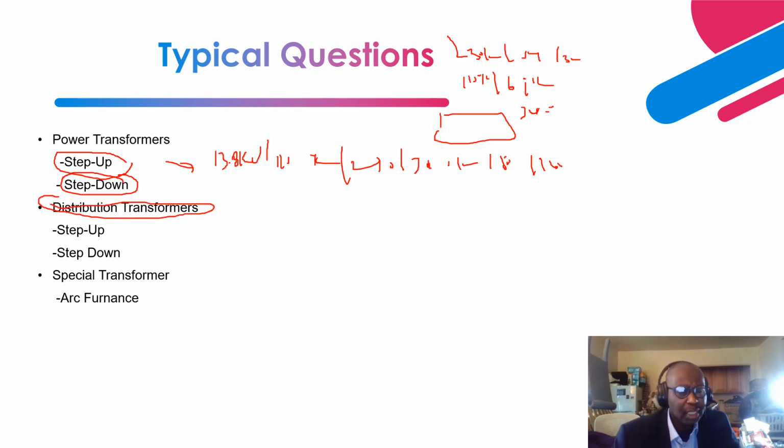We have distribution transformers that are used at the distribution level, that is at the tail end of the power system network, right? Okay, so for distribution transformers, you can have a step-up transformer or a step-down transformer, right?